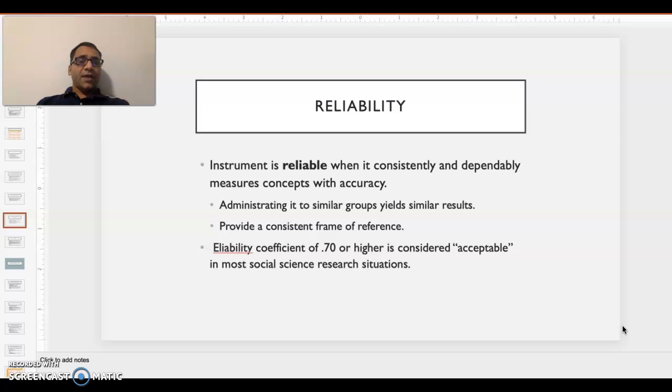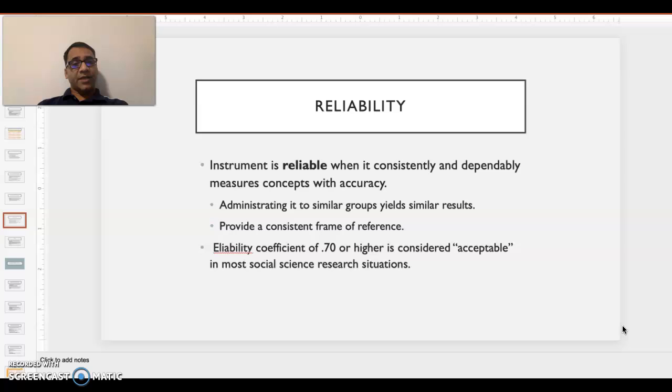As we think about this measurement scale, we have to think about reliability and validity. The reliability is very important. Our instrument is reliable when it consistently and dependably measures concepts with accuracy.